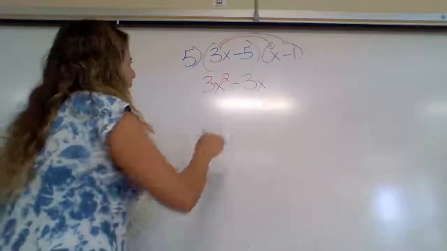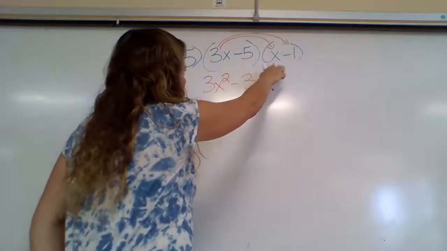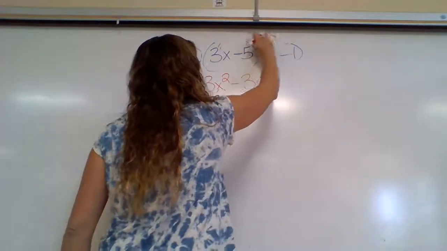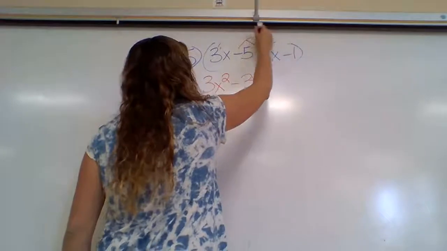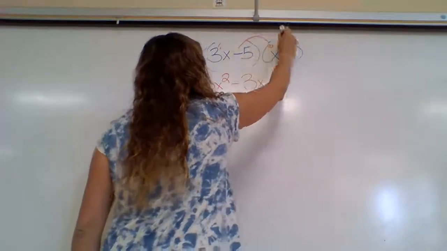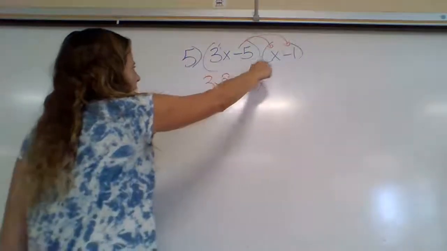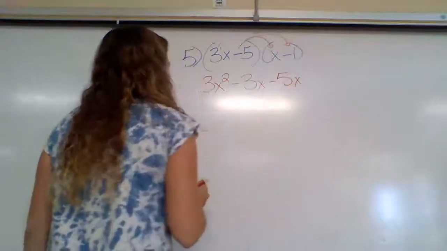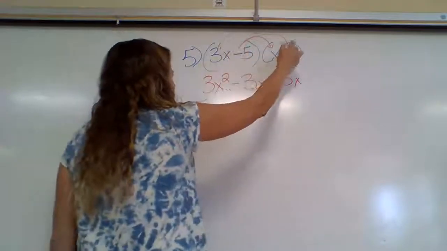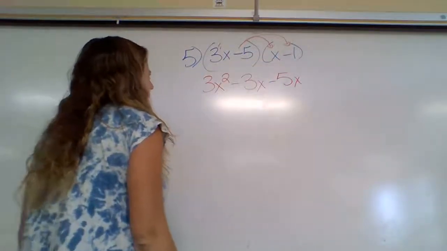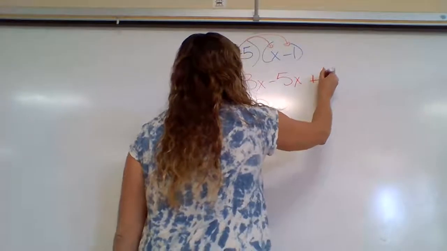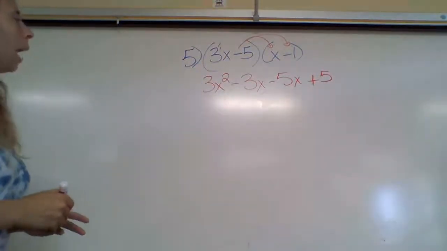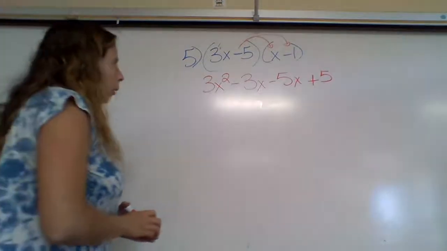Oh, sorry, I'm getting ahead of myself. We're done with the 3x. Moving on to negative 5. Negative 5 times x, negative 5x, and then negative 5 times negative 1, and a negative times a negative is a positive 5. Okay? And now you combine your like terms.